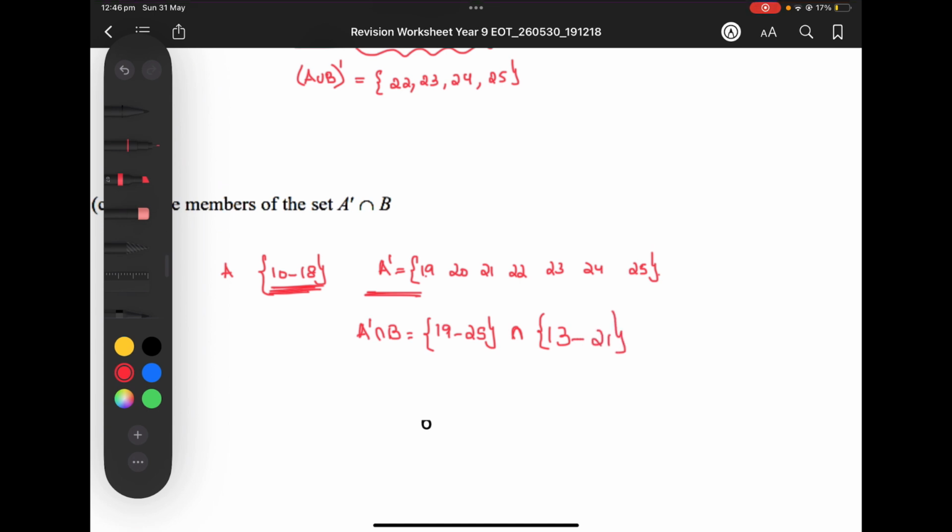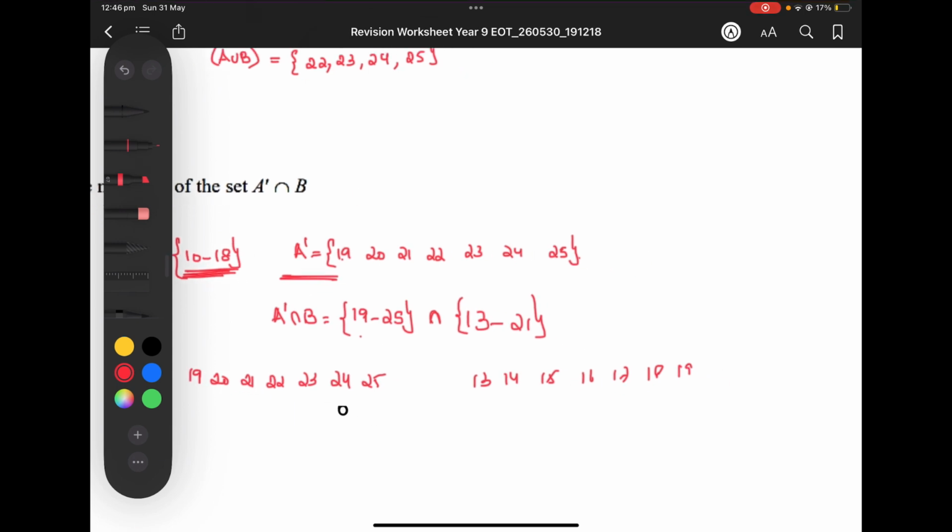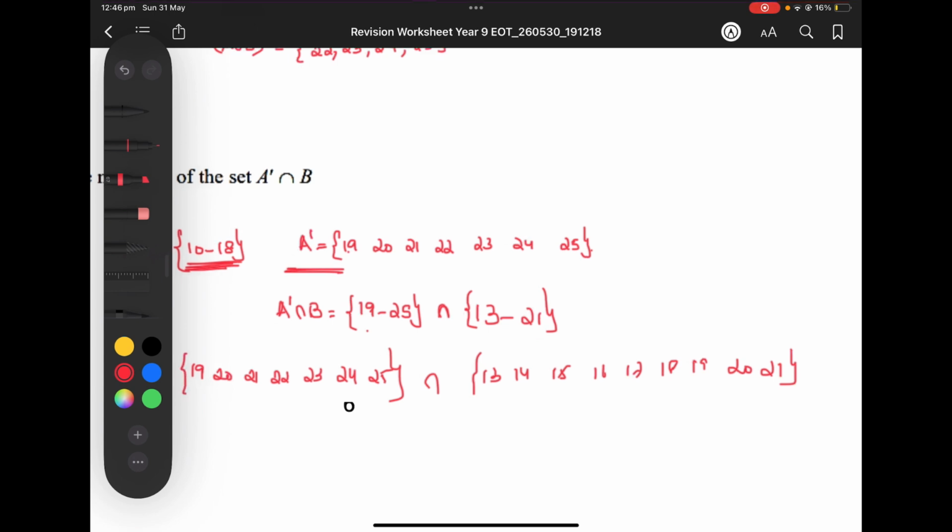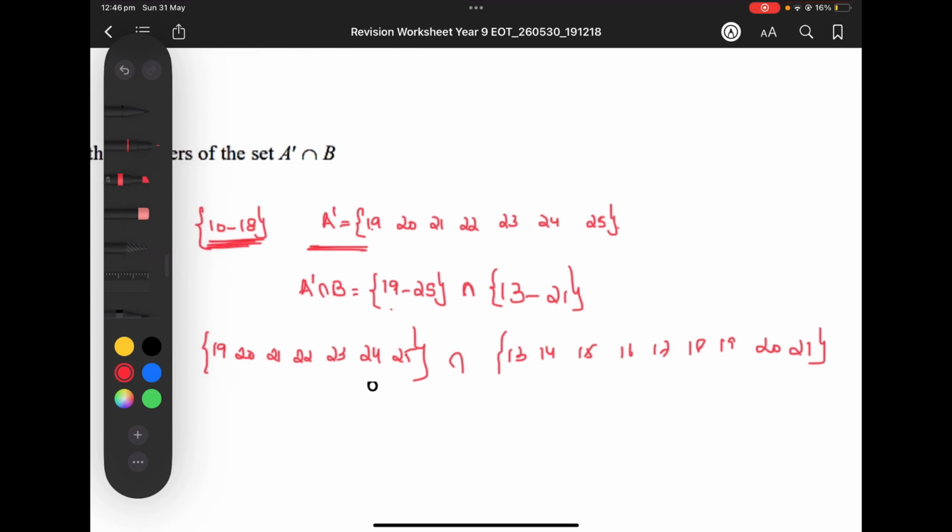Here, if I write 19, 20, 21, 22, 23, 24, 25, and B starts from 13, 14, 15, 16, 17, 18, 19, 20, 21, what is common in both of them? I can see 19, 20, 21 is common. So I will write A complement intersection B is 19, 20, 21.